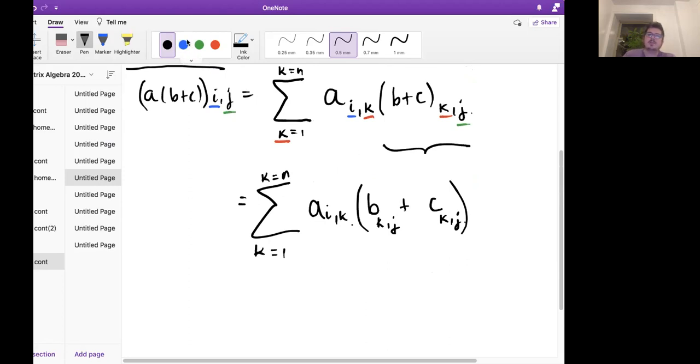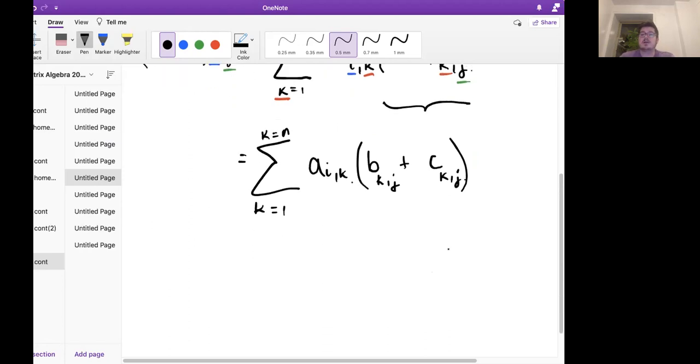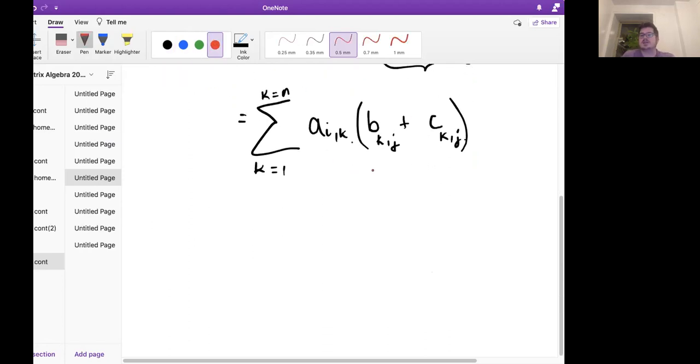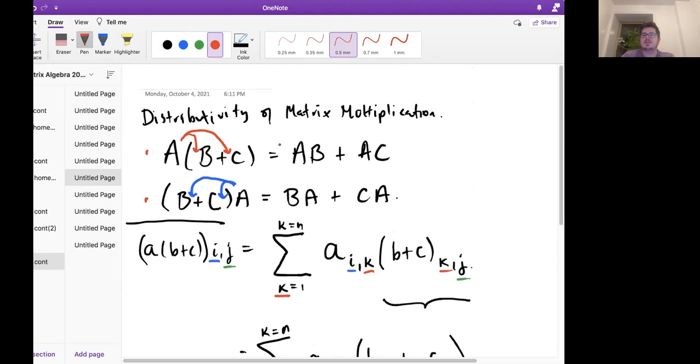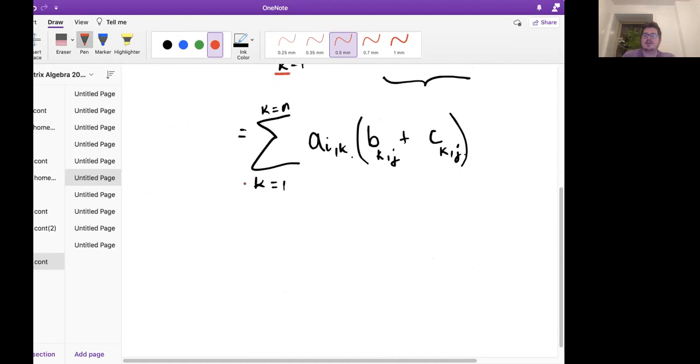Now, inside my big sum, I have this product, AIK times the sum of BKJ and CKJ. What can I do here? I want to split up the sum into two sums. How do you think we can do that? First of all, the stuff inside the sum is just normal numbers, so it has all the nice properties of numbers.